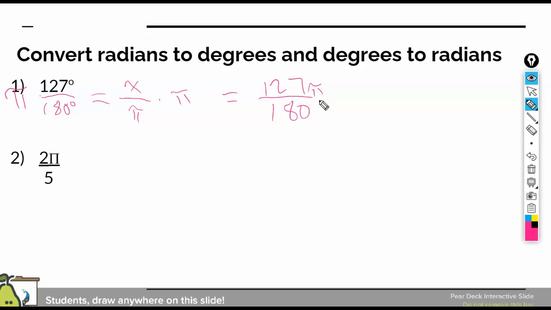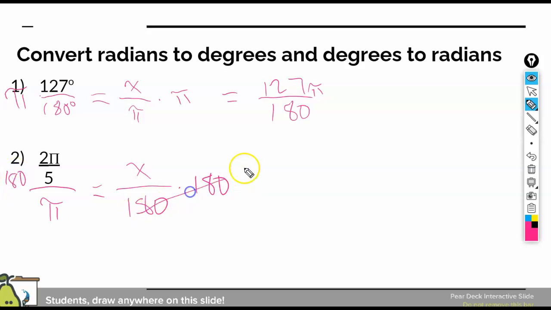And then if we're going the other way, from radians to degrees, I would say okay, 2 pi over 5 radians is going to go to pi for the half circle, and however many degrees I have is going to go to 180. Again, to figure out what I'm looking for, I just multiply both sides by 180.